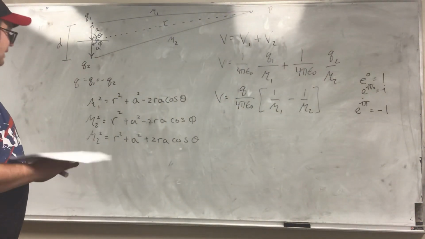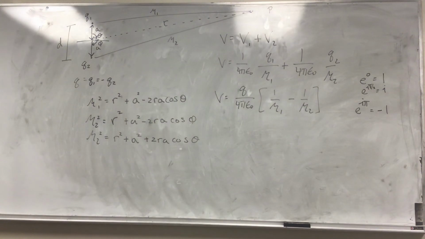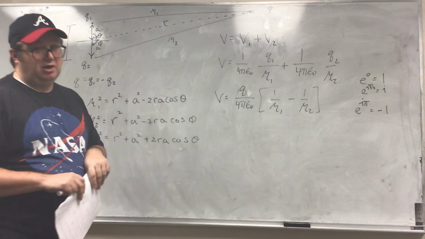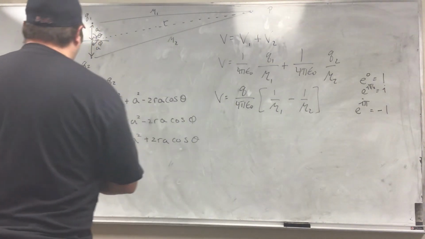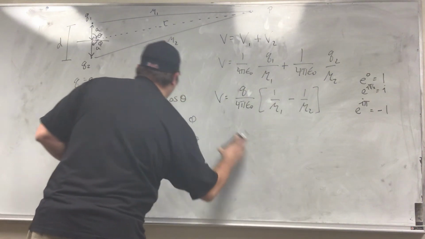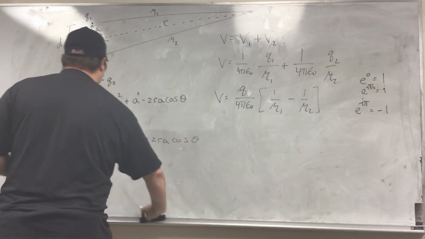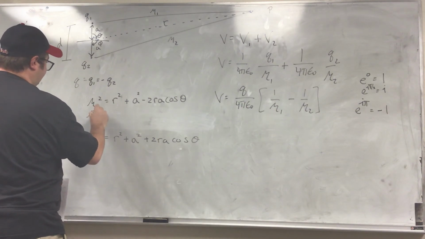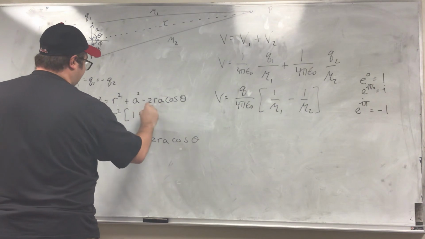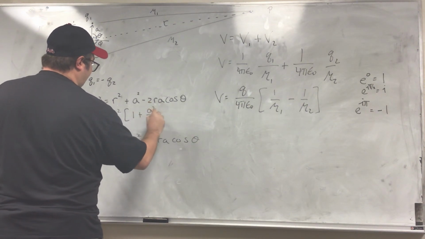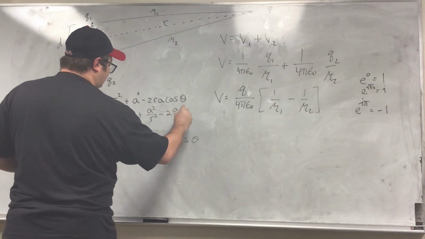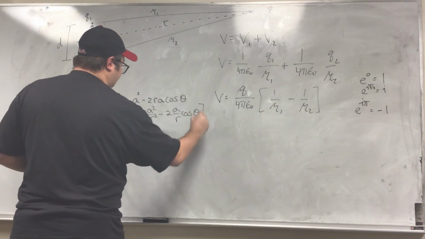Okay, so now we're gonna do something pretty neat. We're gonna go ahead and pull out an r squared here. So script r1 squared becomes r squared times 1 plus a squared over r squared minus 2a over r cosine theta.